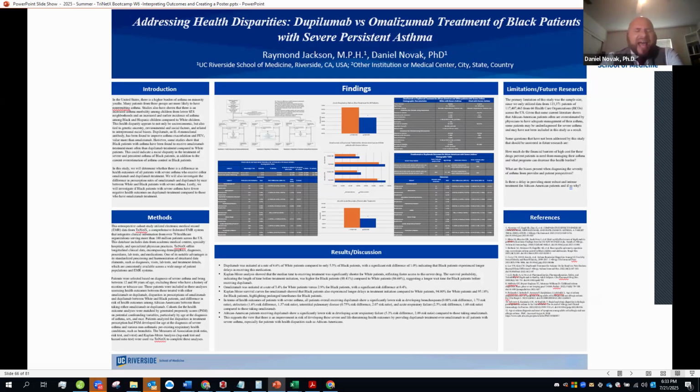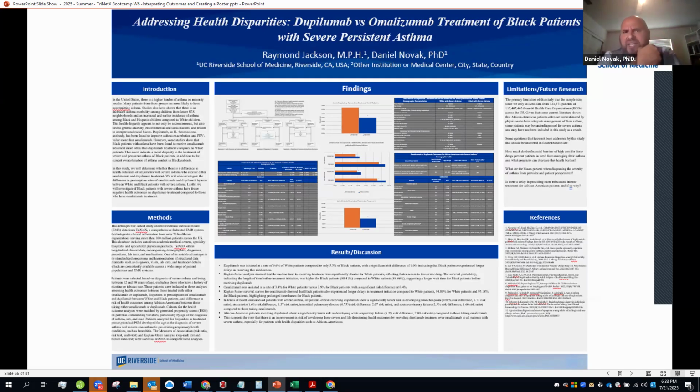And it turns out that just in passing, doing a literature review on asthma treatments, Raymond found that apparently when they were doing a study on dupilumab, Black patients were being prescribed dupilumab at lower rates than white patients.